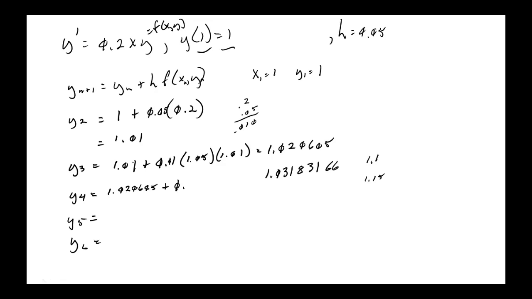So that plus 0.01 times 1.15 times 1.03183166, equals 1.0437. Yeah. 1.0437. Well, I have 369772.